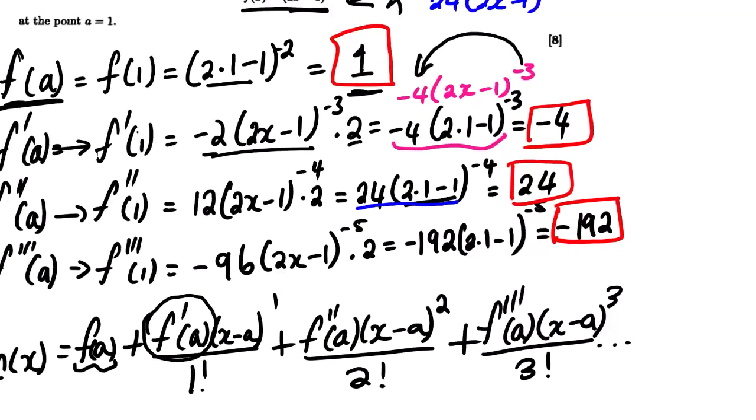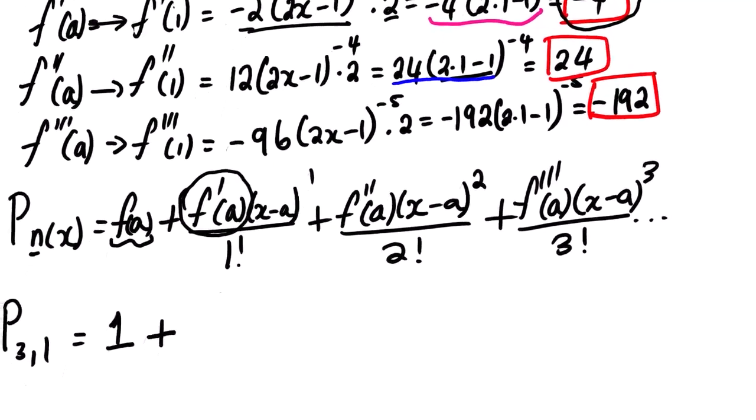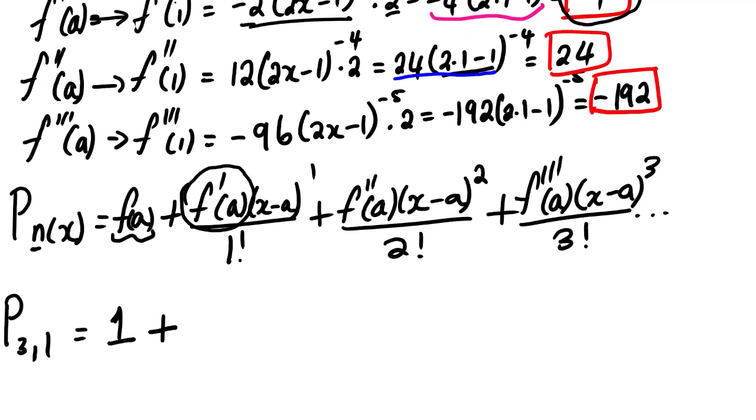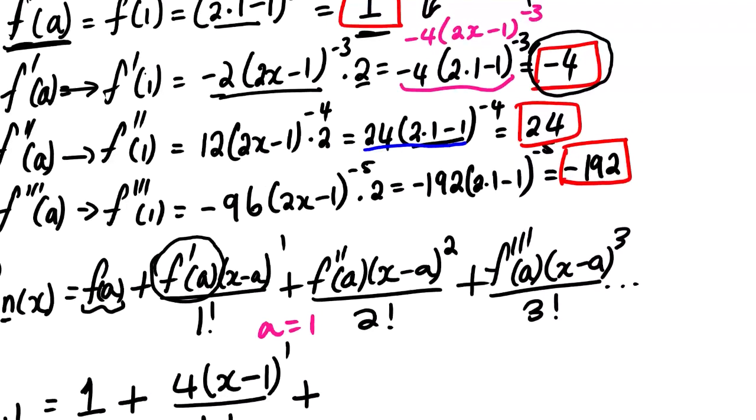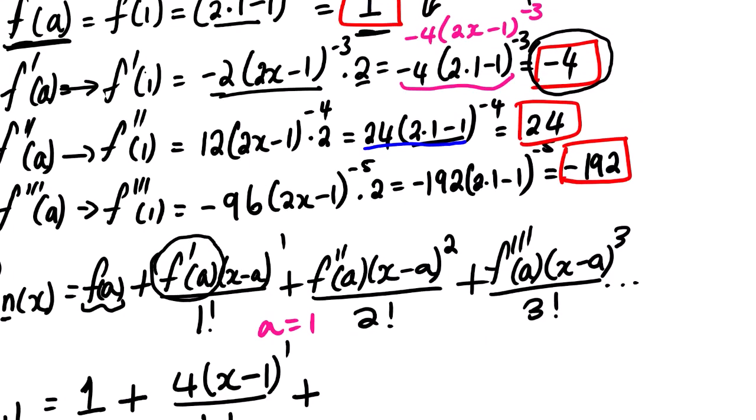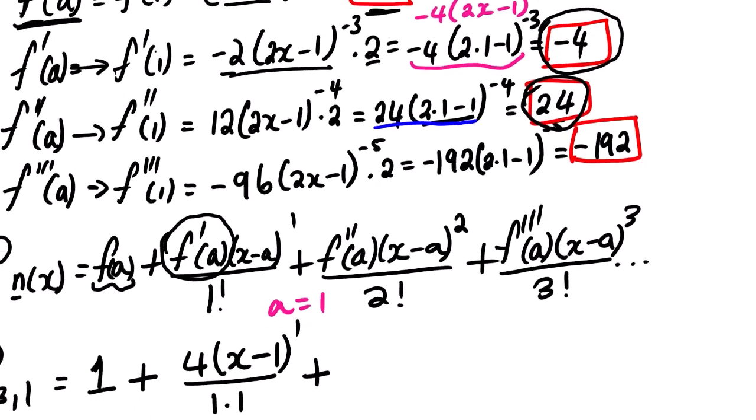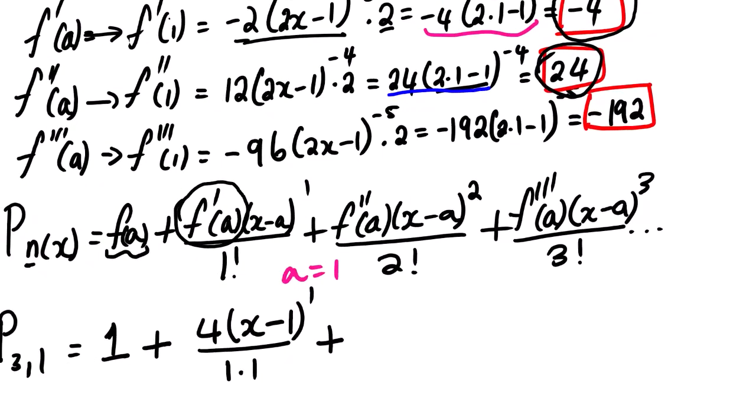This part is actually negative 4, and then we are going to substitute x minus the value of a, remember a is equals to 1, so it will be negative 4 times (x minus 1) raised to the power 1 over 1 factorial. We move on to the second derivative.